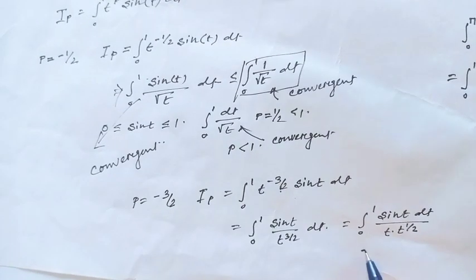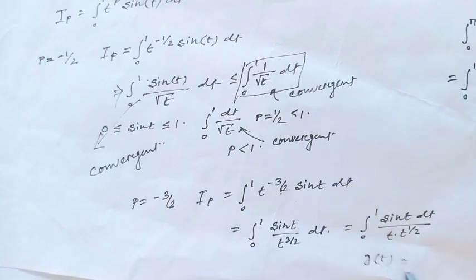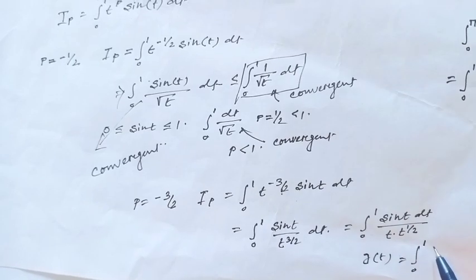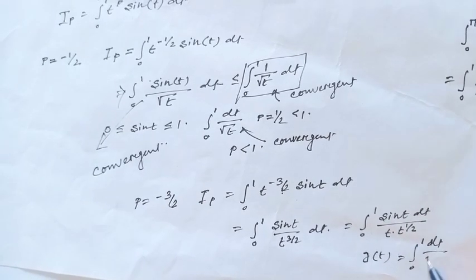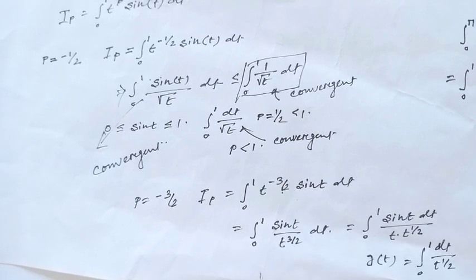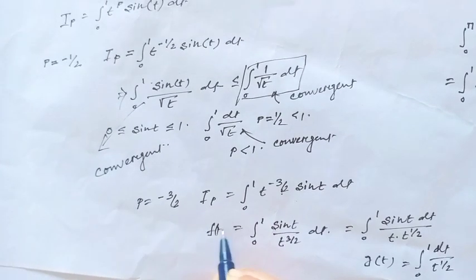So consider g(t) equal to the integral from 0 to 1 of dt over t to the power half, and this is considered f(t).